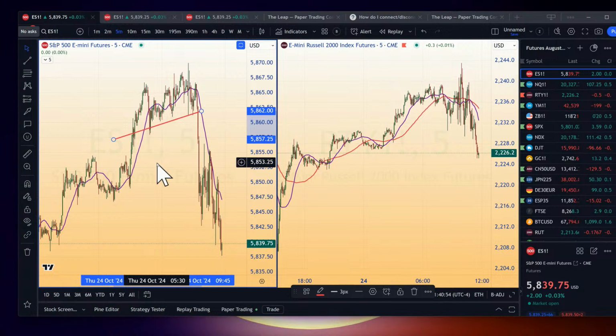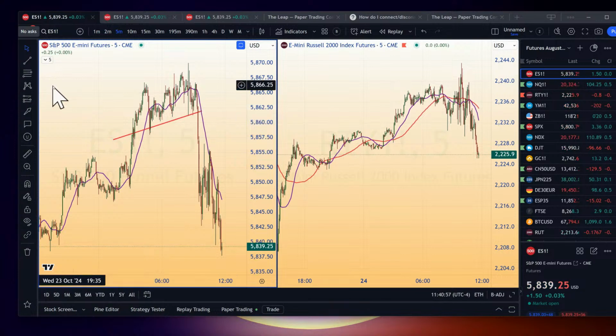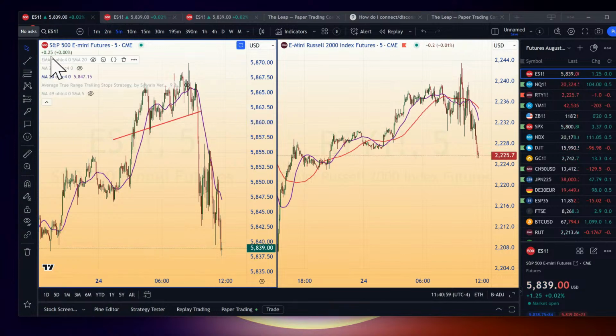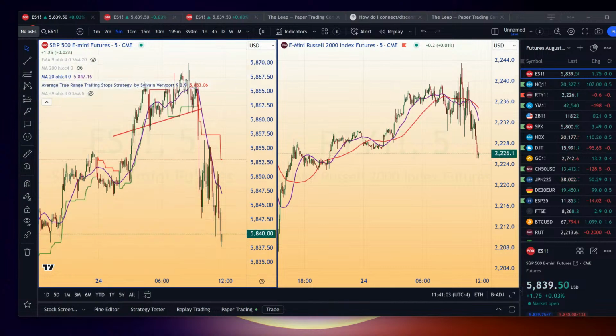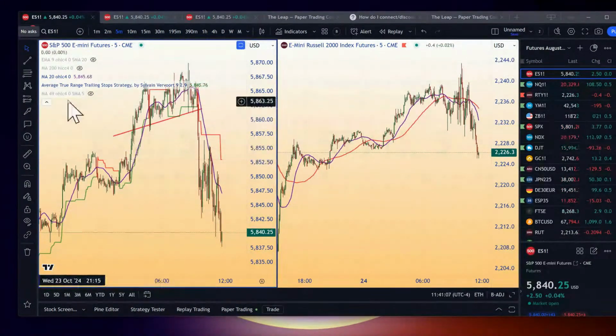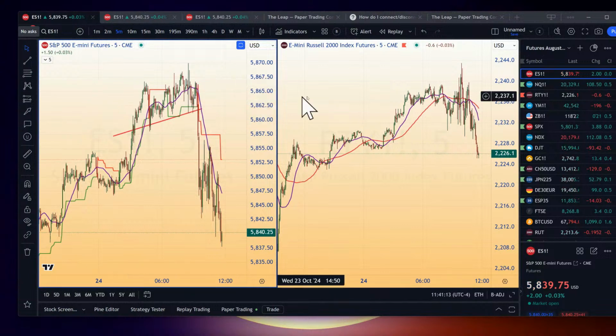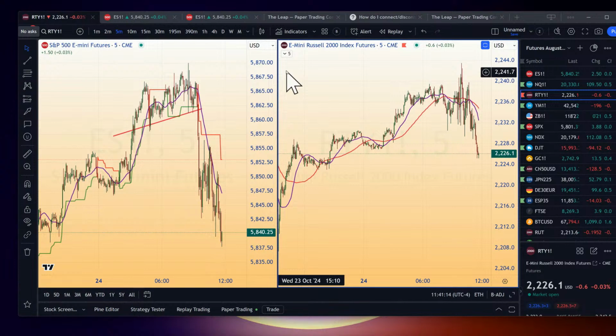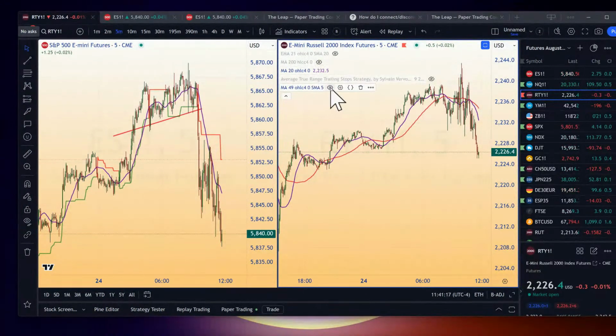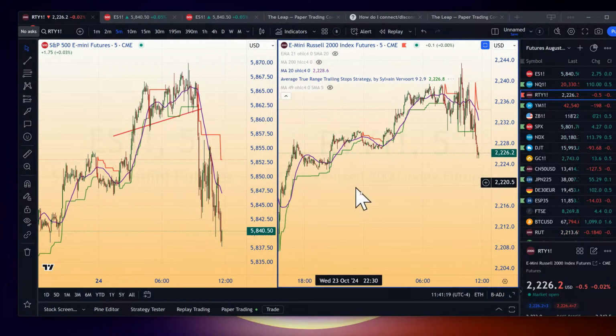Now, intraday, I don't even use these. I'll use a 20 and I'll use an ATR trailing stop. So that's it. No more, no less. So I use an ATR trailing stop and I use a 20. And keep in mind, you might look at this and you'll see on the right, this is it.